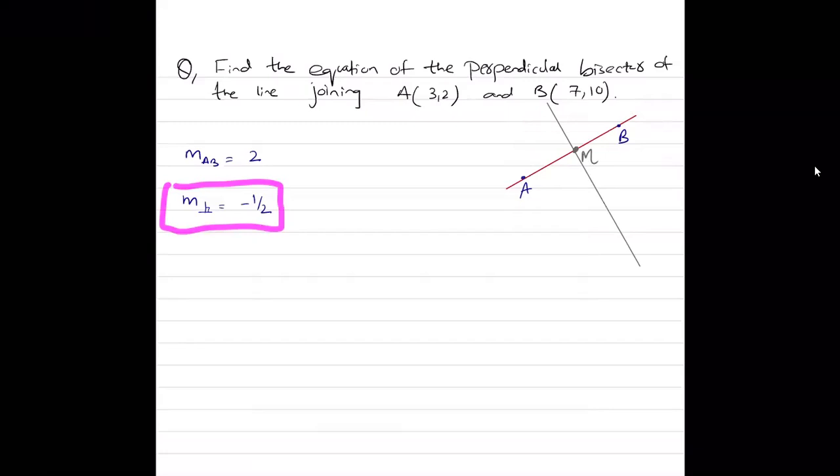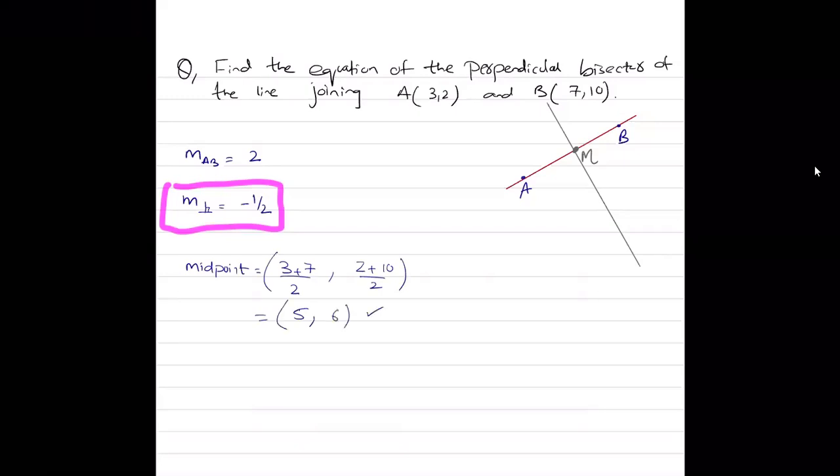In this case, the perpendicular bisector is going to pass through the midpoint of A and B. So I'm going to find the midpoint: you take the x coordinate of A and the x coordinate of B, divide by 2, and do the same thing with the y coordinates. 10 over 2, 5, 12 over 2, 6.